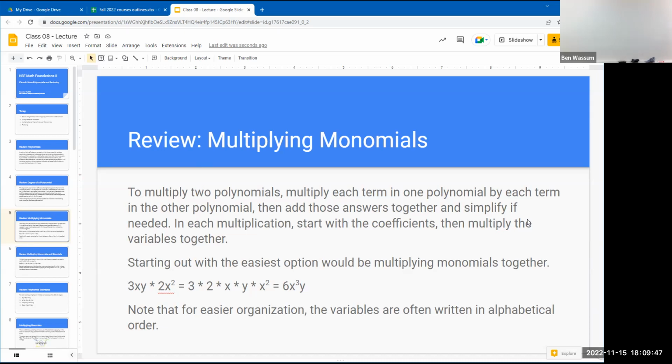Like I said down there, for easier organization, the variables are often written in alphabetical order. That's another thing that can cause problems, because I have personally done a ton of problems where I will multiply polynomials together and I'll get one thing with 6yx cubed and one thing with 6x cubed y.